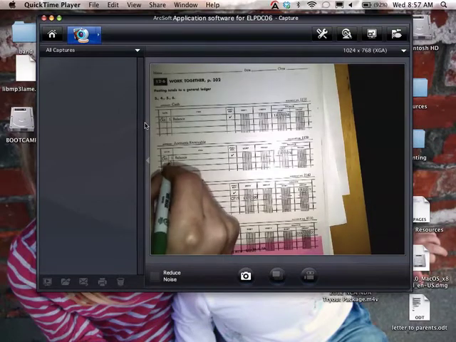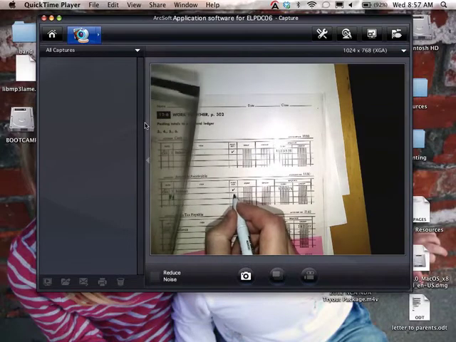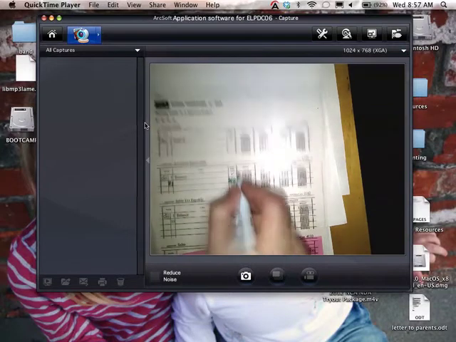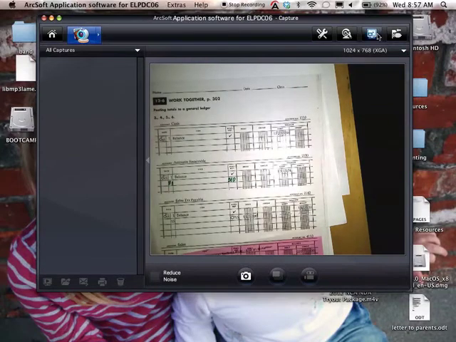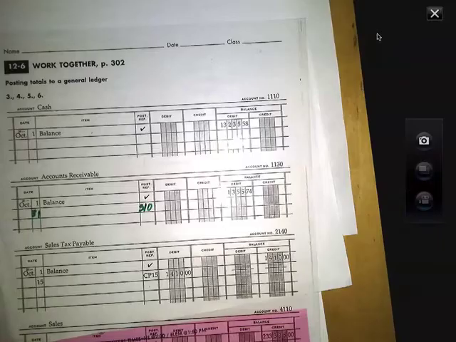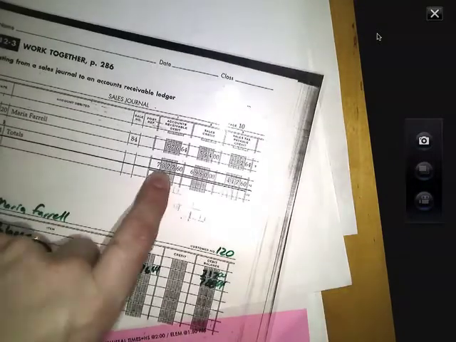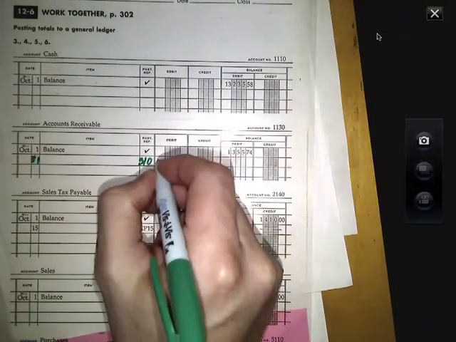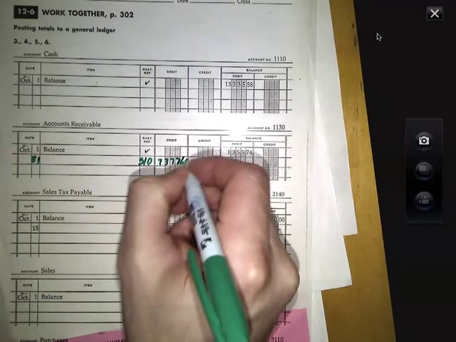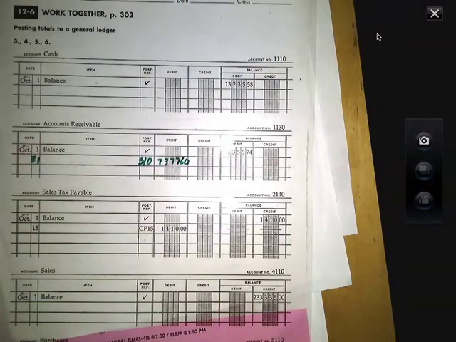So on the 31st, this is the sales journal number 10. And this is 73, 77, 60. That's this number right here. Debit, the total. We add that together.